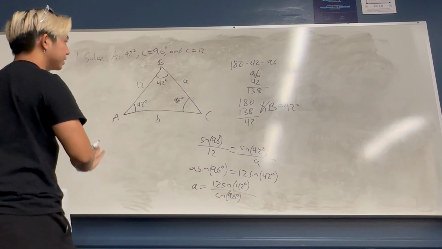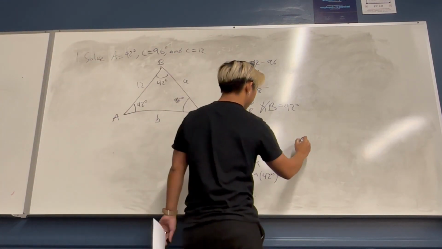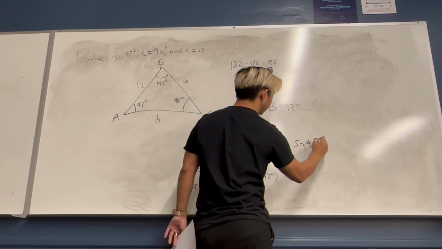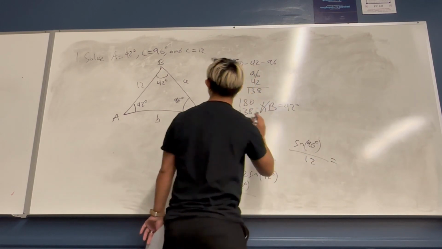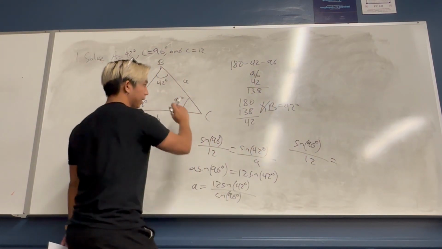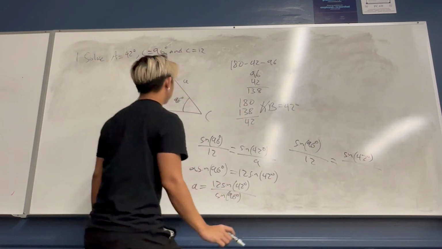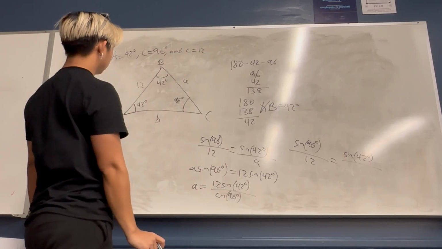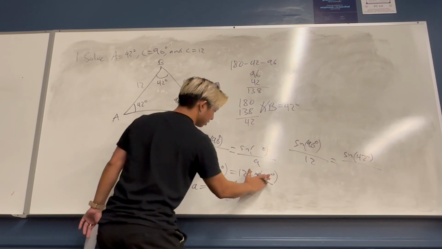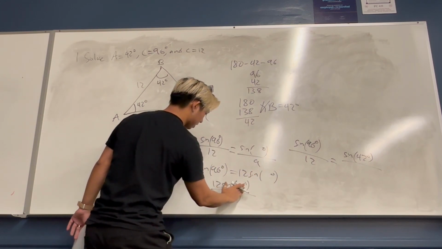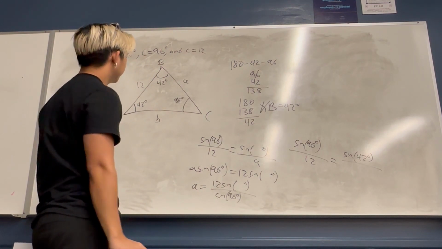So now we need to find side B. Same thing, right? I'm going to use side C because we have a relation already. So this becomes sine of 96 degrees over 12, equal to what? We found angle B was 42, right? So this becomes sine of 42 degrees. Wait a minute. Oh, this was 96. I'm so sorry. Oh, no, my bad.